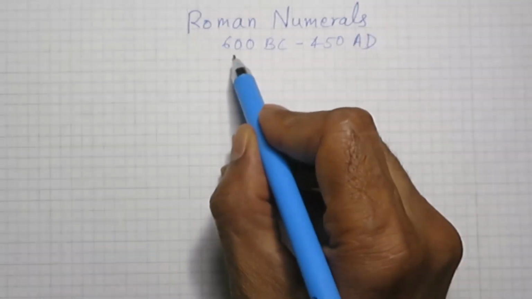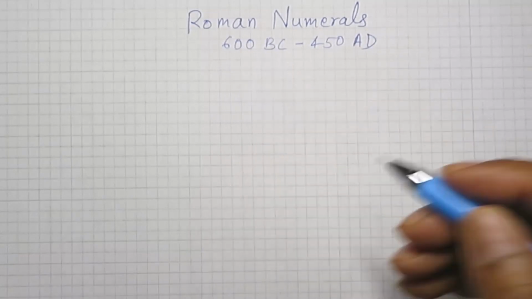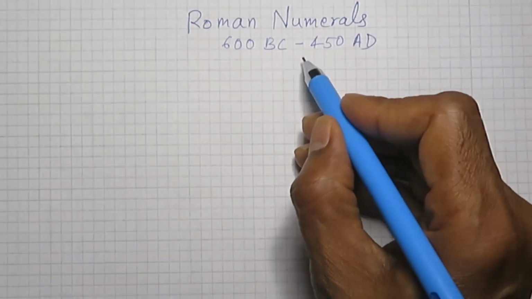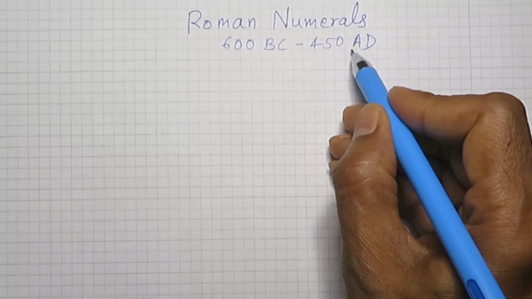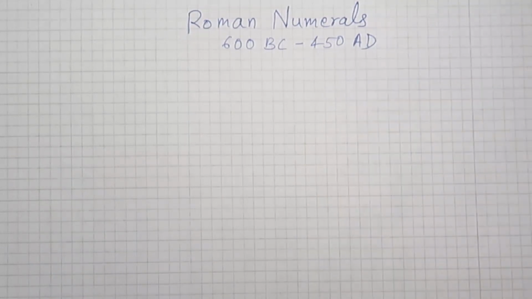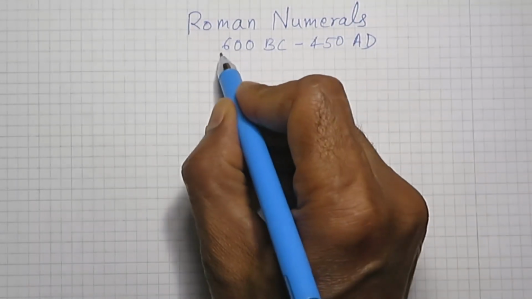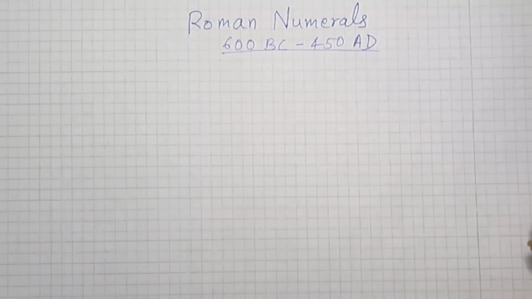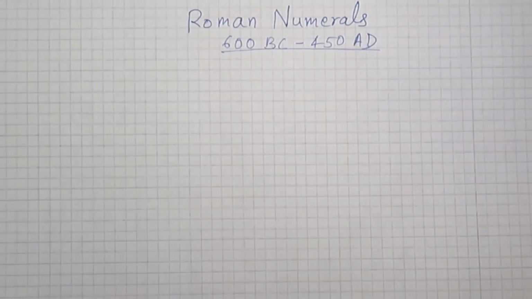So 600 BC means 600 before the Common Era, and 450 means 450 years after the start of the counting of the century. So this is the period of Romans. Romans were a civilization, and they had many kingdoms and many periods.